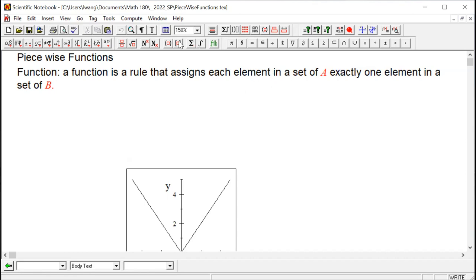So that element, we can call it X, as it's always been called, and of course, you can use different names. Exactly one element in a set B, which is called f of X.